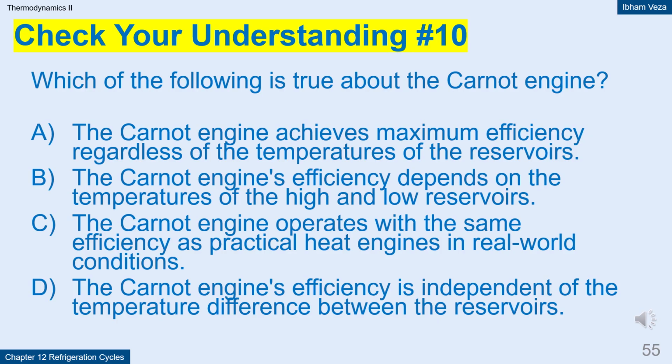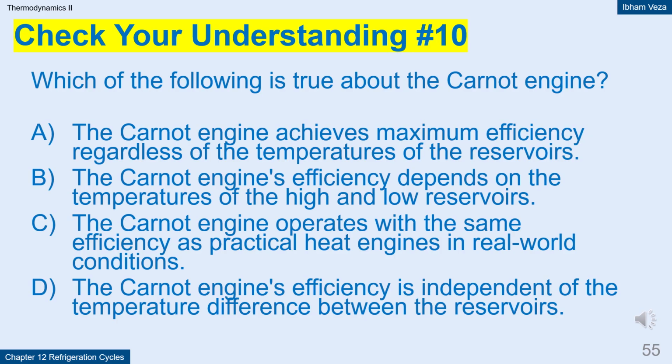A higher temperature difference leads to higher efficiency. B. The Carnot engine's efficiency depends on the temperatures of the high and low reservoirs. This is the correct answer. The efficiency of a Carnot engine is determined by the temperature difference between the hot and cold reservoirs.